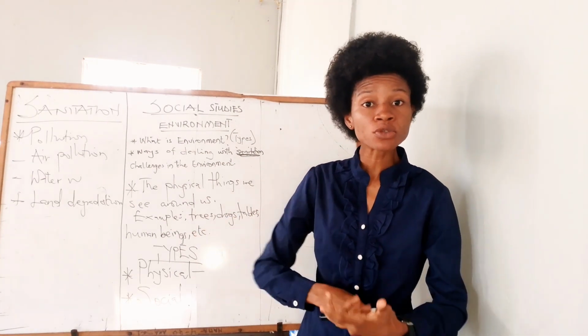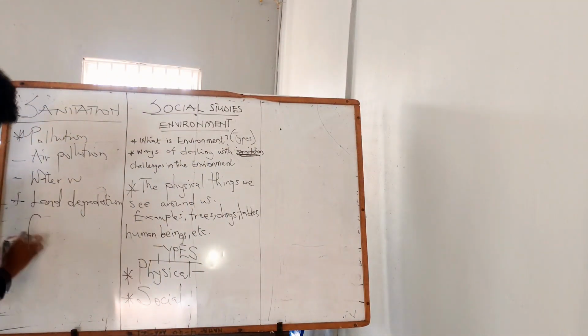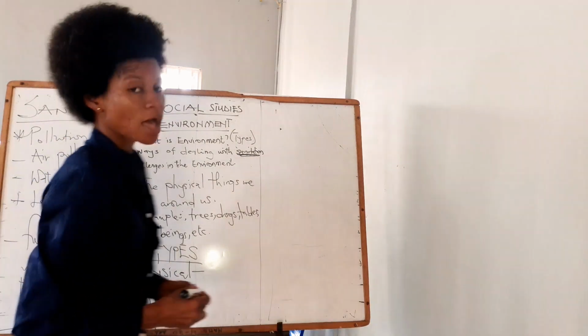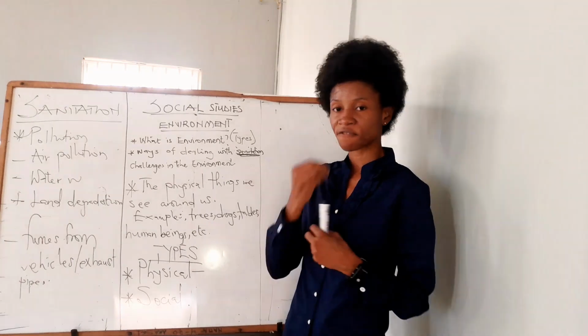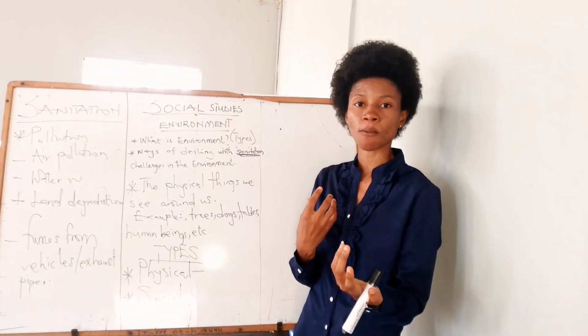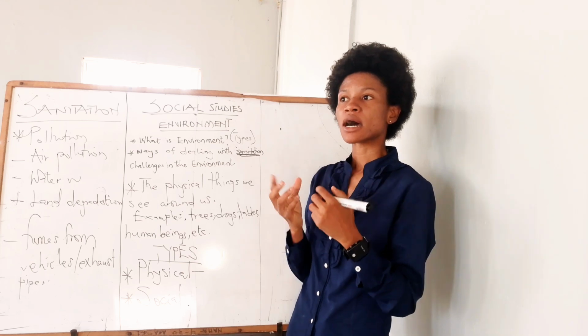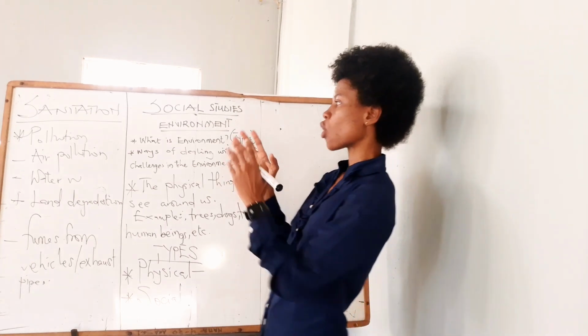Like the fumes from vehicles or exhaust pipes. You know, most people do not like the fumes that come out from vehicles or their exhaust pipes, and mostly these fumes have a foul smell and it causes air pollution.